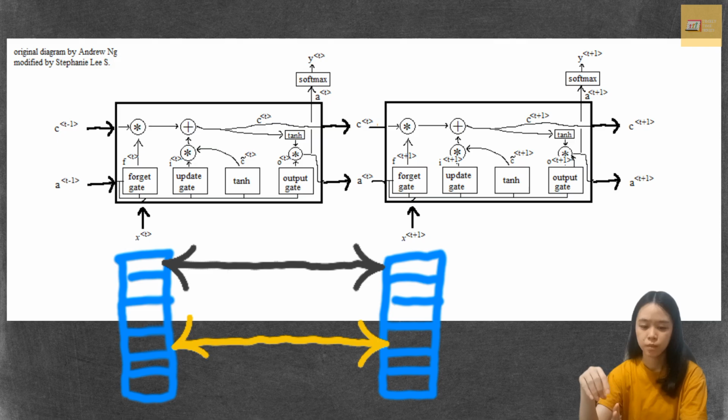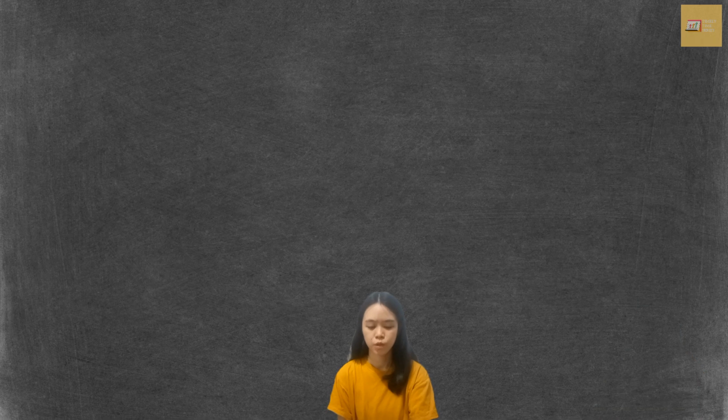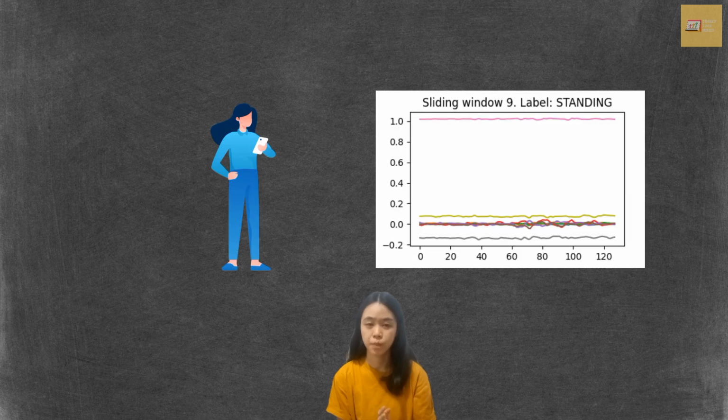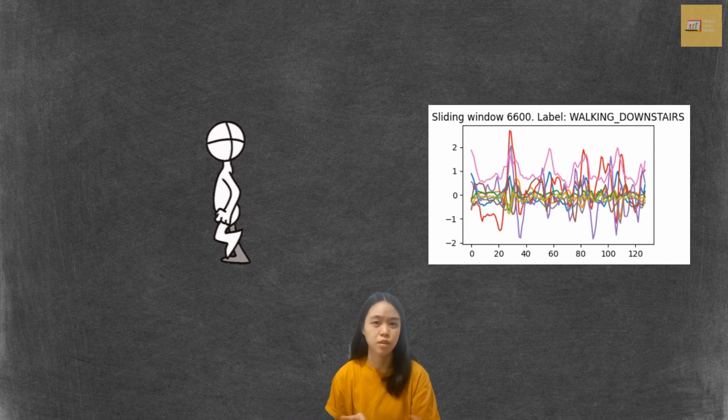Because in this case, each time point would be each variable. Okay. And now that we are using the human activity data, it's quite easy to see that if we are standing, for example, we won't have any body acceleration and angular velocity, right? So it will show a different correlation pattern than if we do walking upstairs or walking downstairs.